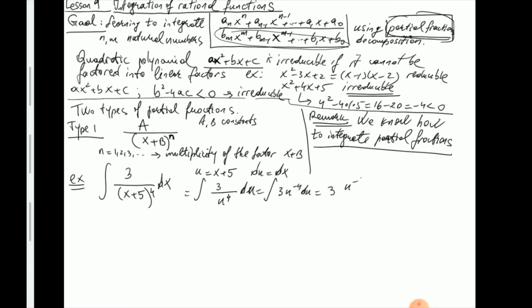And then using the power rule, this becomes minus 4 plus 1, which is minus 3, so 3 over minus 3, that's minus 1, times u to the negative 3, which is 1 over u cubed. So when you go back to the original variable, it's minus 1 over x plus 5 to the power 3 plus a constant c.